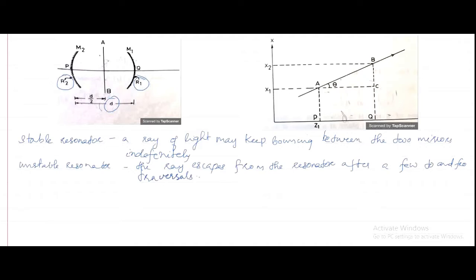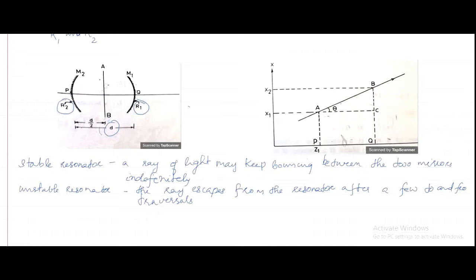So let us first obtain the matrices which represent the propagation of a ray through a homogeneous medium and the reflection of a ray from a concave mirror. For that, let us consider the second figure here. The ray is propagating in a homogeneous medium in the xz plane.